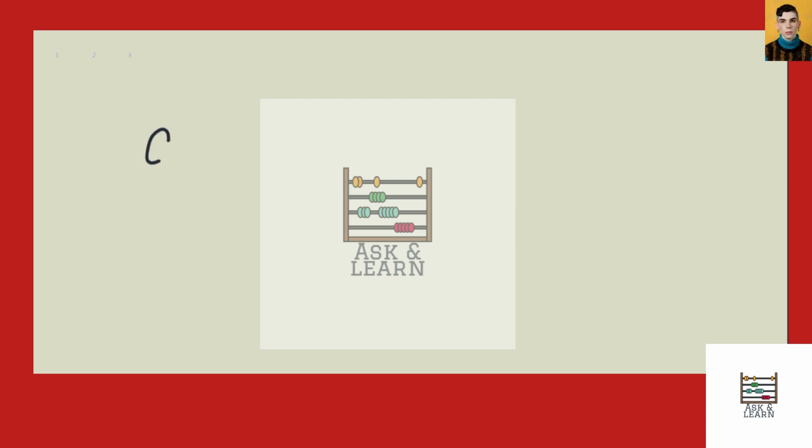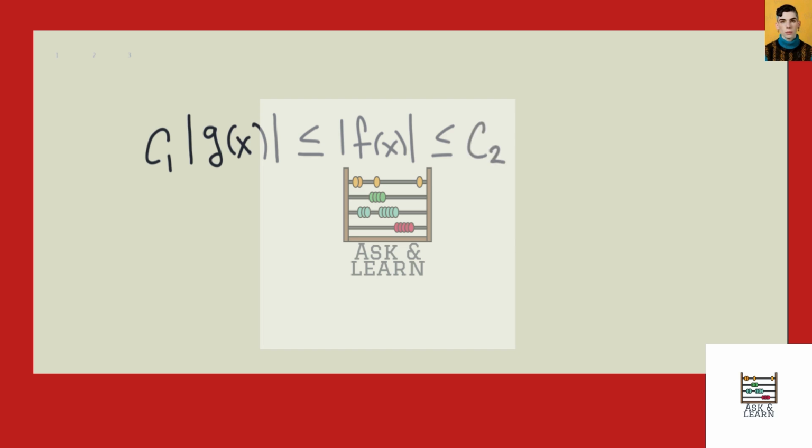And so that's going to be that c1 times the absolute value of g of x is less than or equal to the absolute value of f of x is less than or equal to c2 times the absolute value of g of x when x is greater than k, which was the maximum of our k1 and k2.